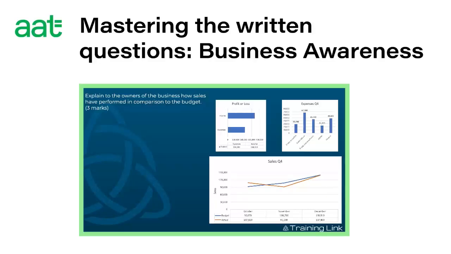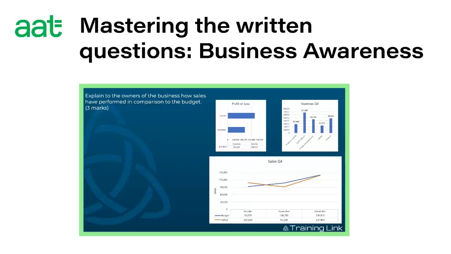Okay, so let's just read the question again. Explain to the owners of the business how sales have performed in comparison to the budget. So we are looking at this bottom right hand graph, so sales for Q4. And all we need to do is literally explain to them month by month how the business has performed.